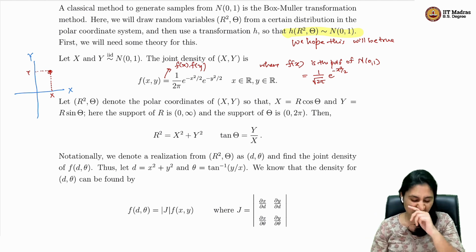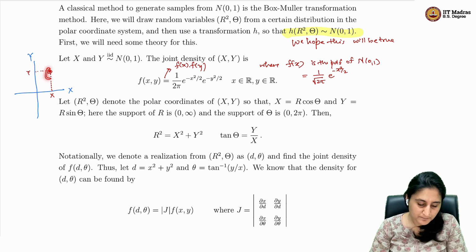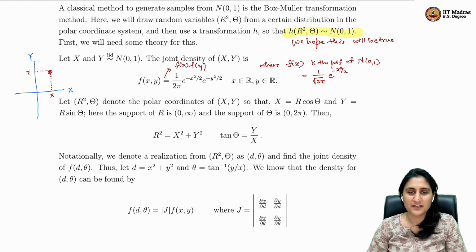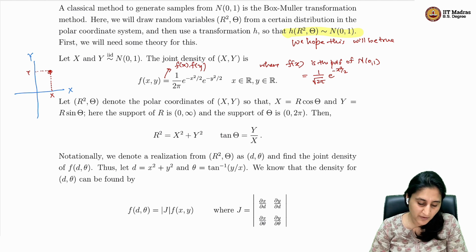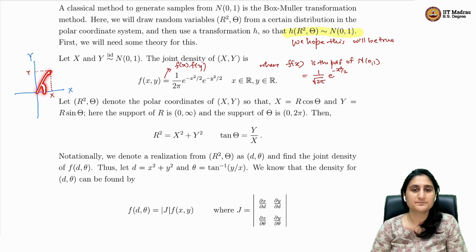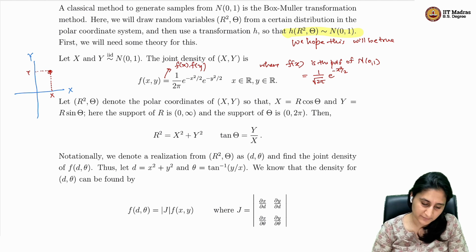Again, I repeat that any point on the x and y plane can be identified either by x and y, or it can be exactly identified by a line connecting the origin to that point, and the length of the line and the angle of that line. All right, so that's exactly what we are going to try and study here.